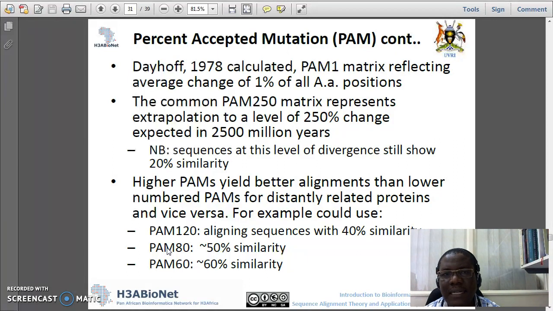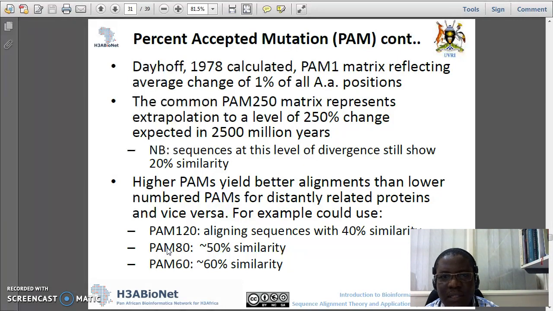So the underlying PAM1 data can be used to extrapolate for additional distance matrices under the PAM family. For example, the PAM250 will be an extrapolation whereby you're thinking that you can have a 250% change that's expected in about 2,500 million years of divergence.